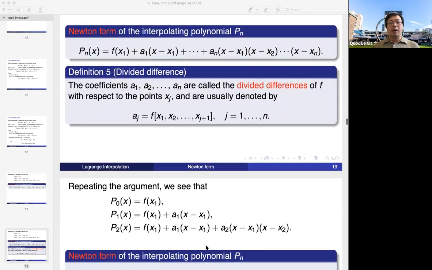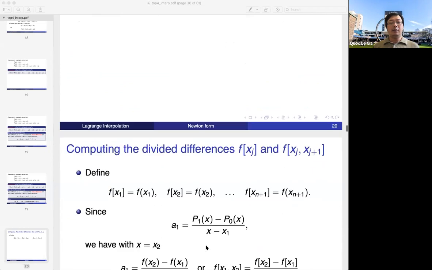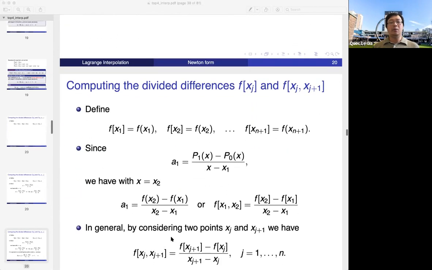Last time we discussed how to find a1. It is just the slope of the line that goes through x1 and x2. So how do we find a2?